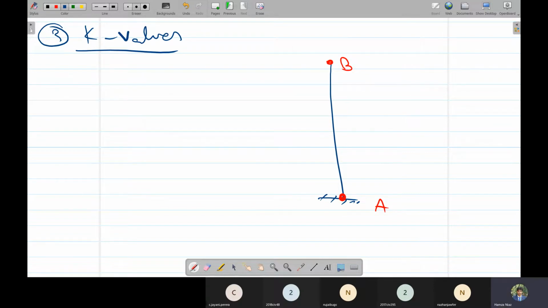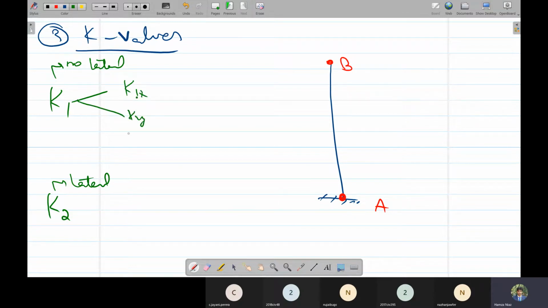So as we were discussing earlier, there would be two K values, K1 and K2. K1 is for no side sway, no lateral movement, and K2 is for lateral movement. These K1 and K2 would further be divided into two parts, K1X and K1Y, and K2X and K2Y.